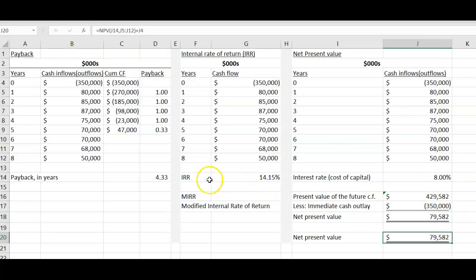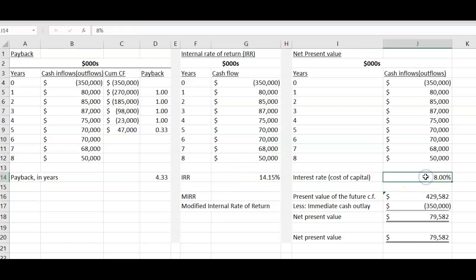All right, so now internal rate of return, I want to go back and explain modified internal rate of return. Internal rate of return represents that rate. The internal rate is if net present value was equal to 0. Okay, it represents the rate we would use to force net present value to equal 0.